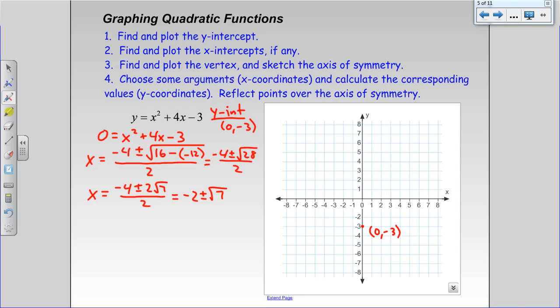In order to get an idea of approximately where these values are, since they're irrational numbers, we can approximate the square root of 7 as a decimal and do some calculations to see that the x-intercepts of our parabola are the points 0.6460 and negative 4.6460. So we will plot those x-intercepts, or their approximate locations, on the graph.